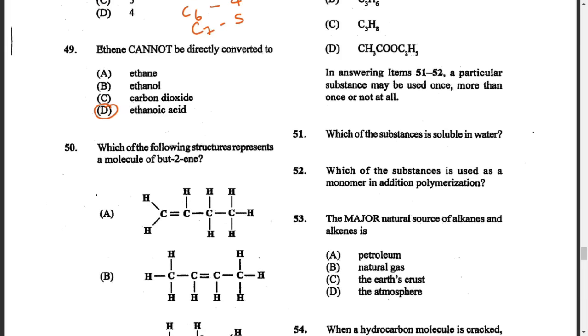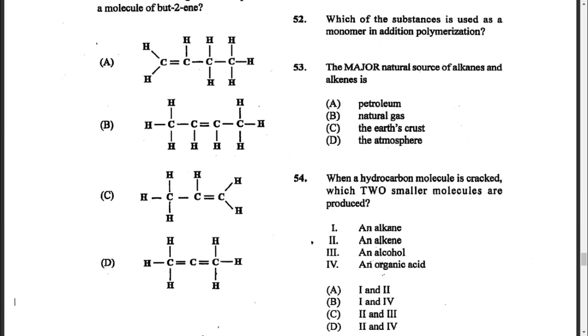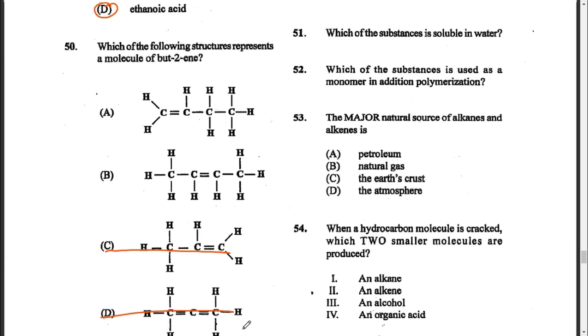Question 50. Which of the following structures represent a molecule of butene? Alright, so C and D contain 3 carbon atoms, so they are out of it. Alright, so let us look at A and B. In A, the double bond starts at carbon 1, while in B, whichever side you start counting from, the double bond starts at carbon 2.